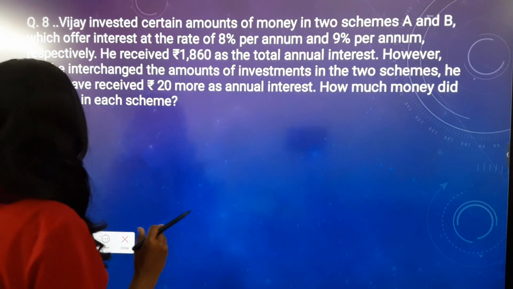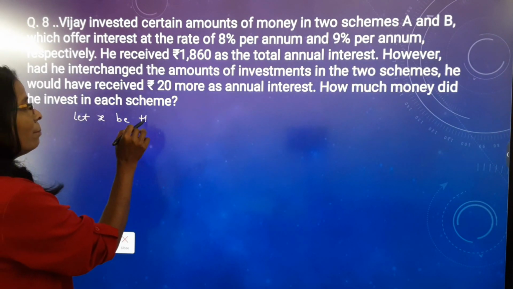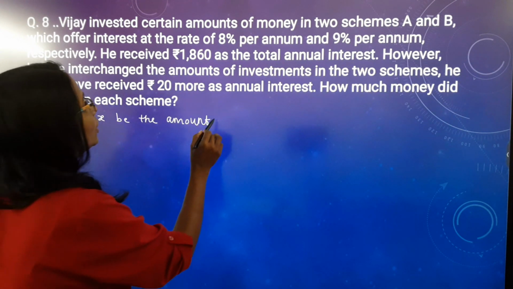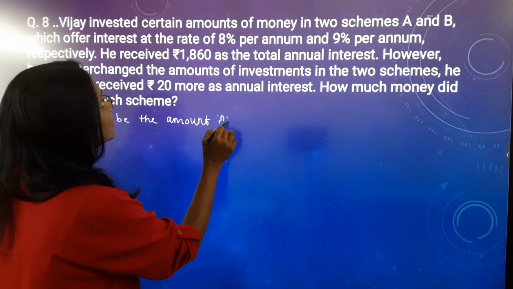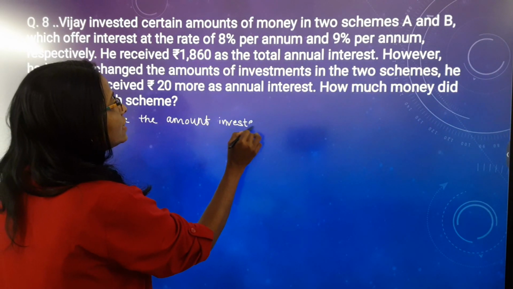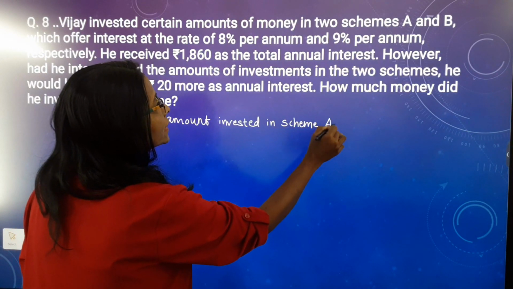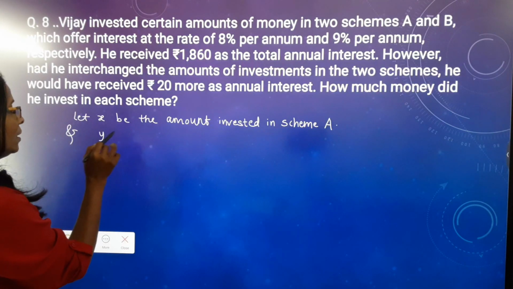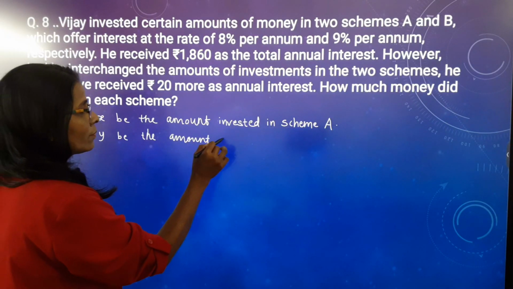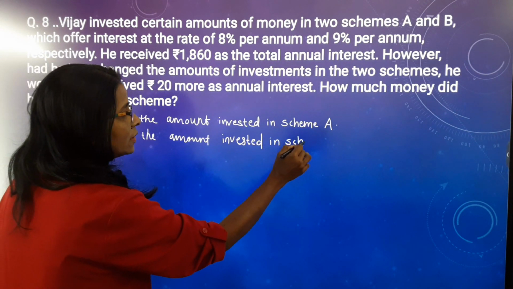So we consider: let x be the amount invested in scheme A and y be the amount invested in scheme B.